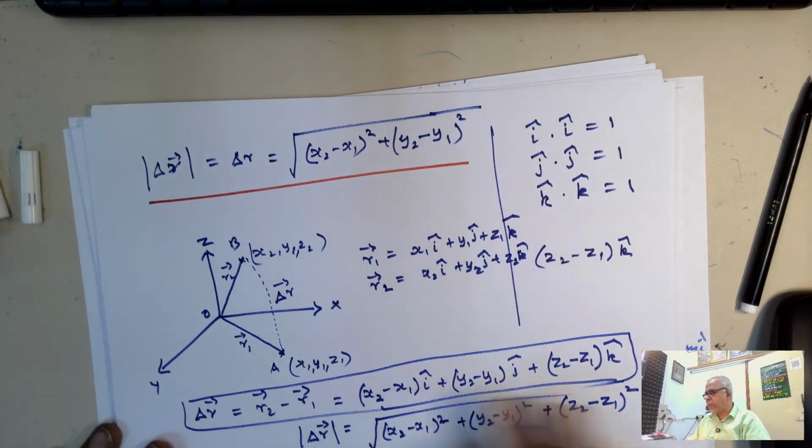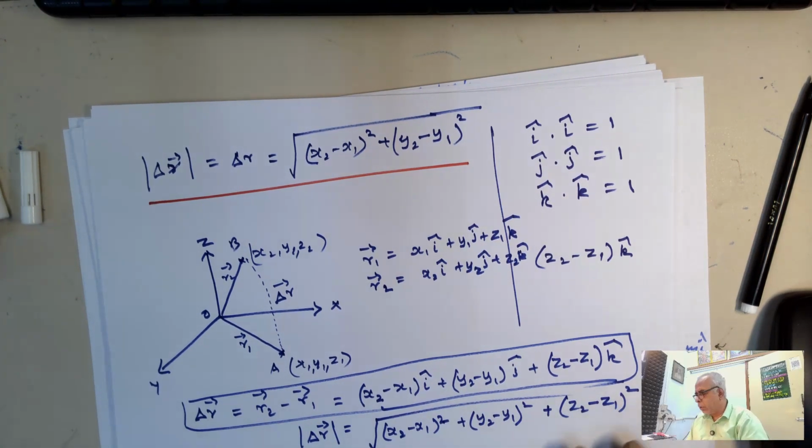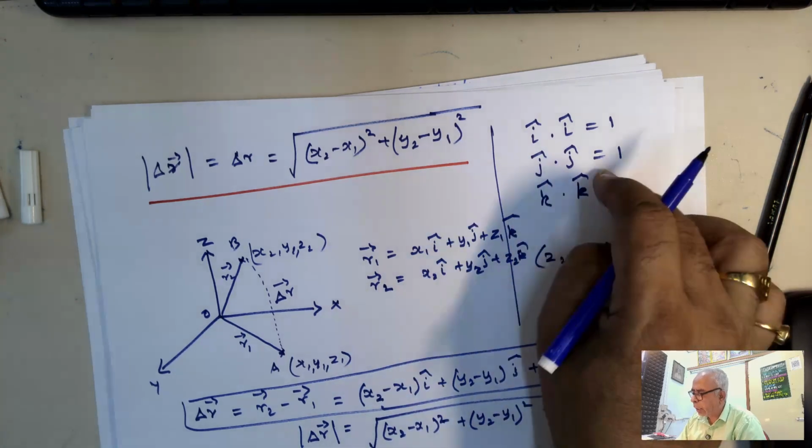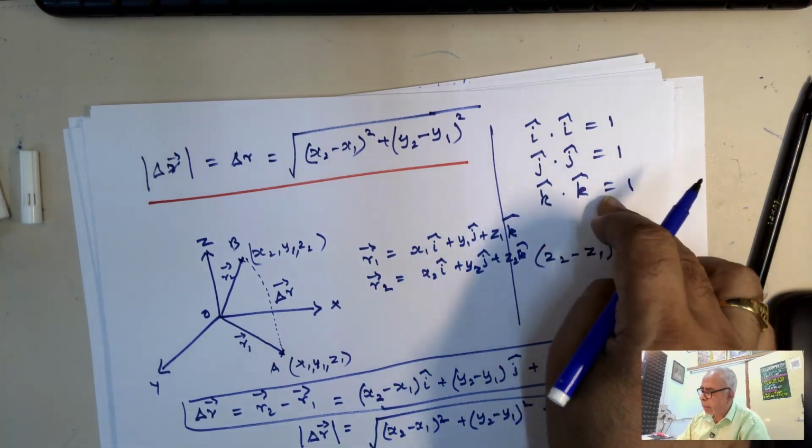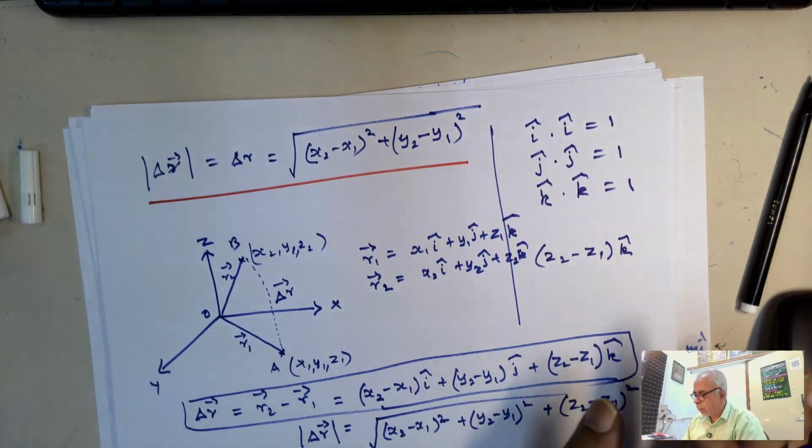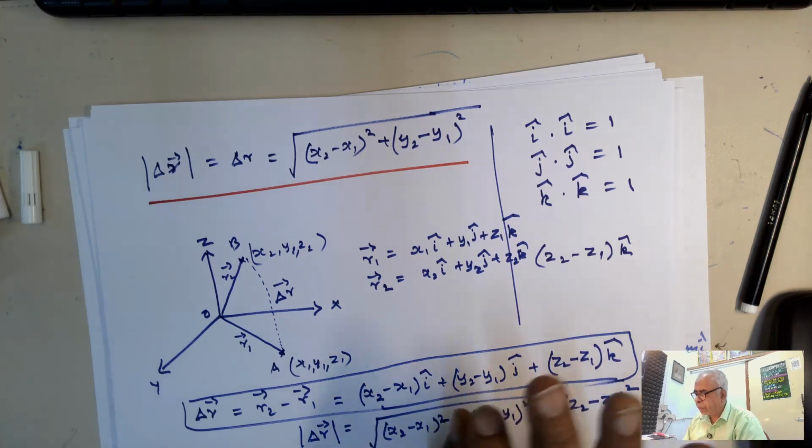So we have completely eliminated i, j and k, because i dot i, j dot j, k dot k is equal to 1. Are you able to follow? Okay, right.